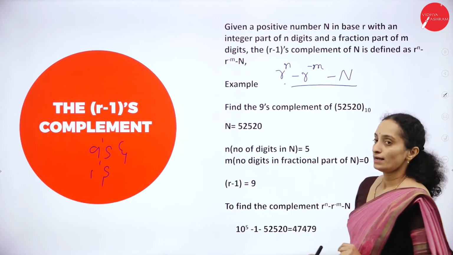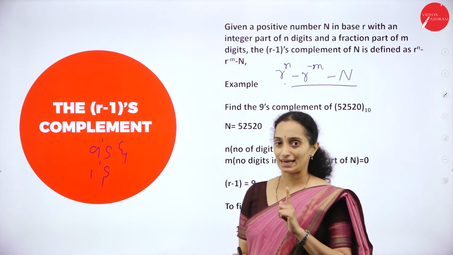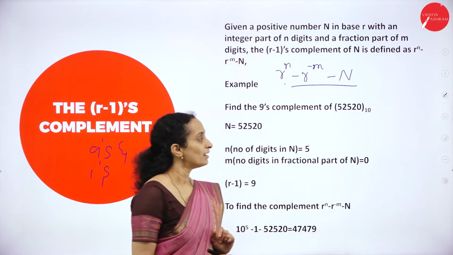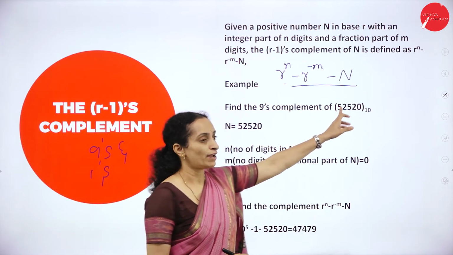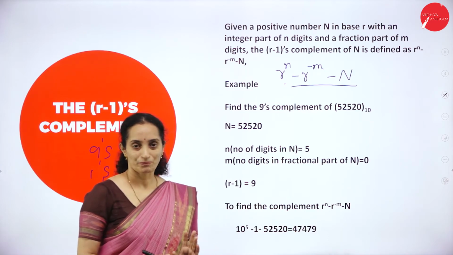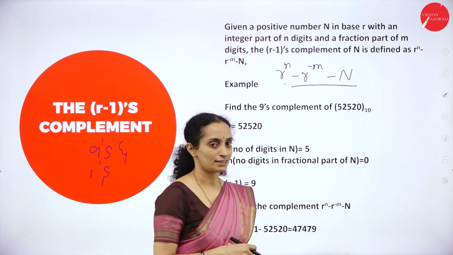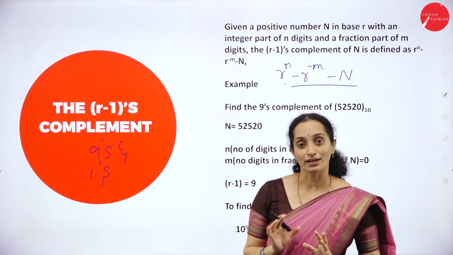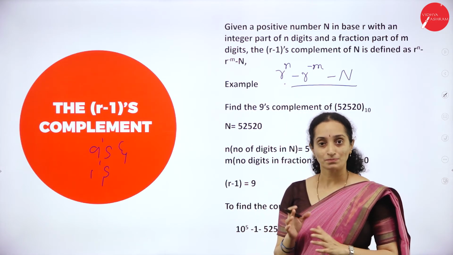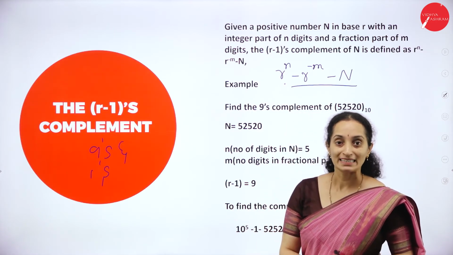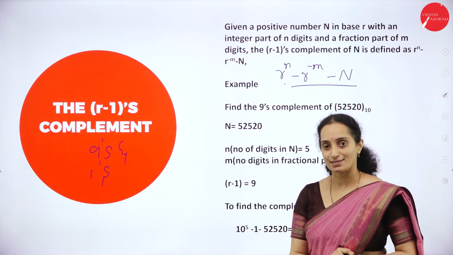Alright. Let's have an example in the decimal system. Same example, 52520. It was represented in decimal and we found the 10's complement, the R's complement.